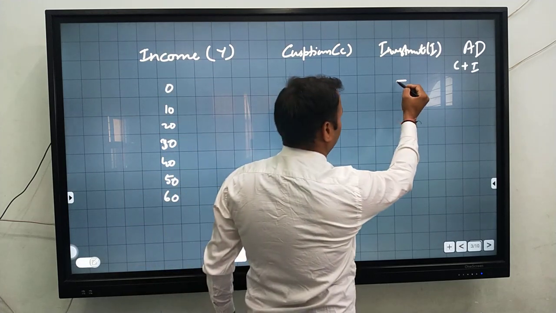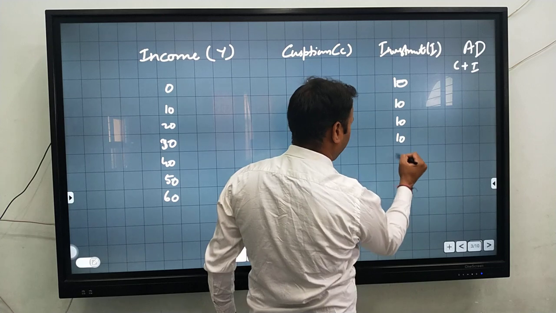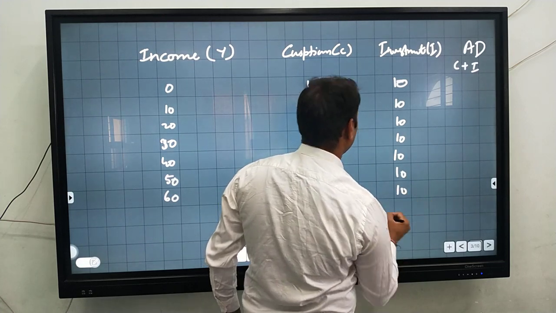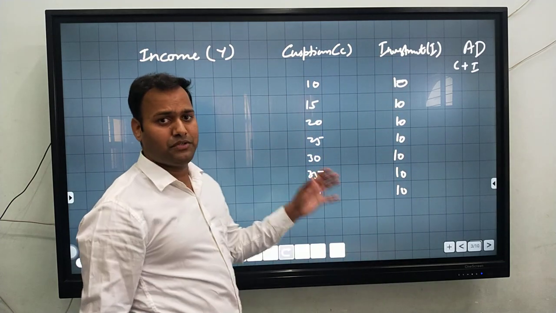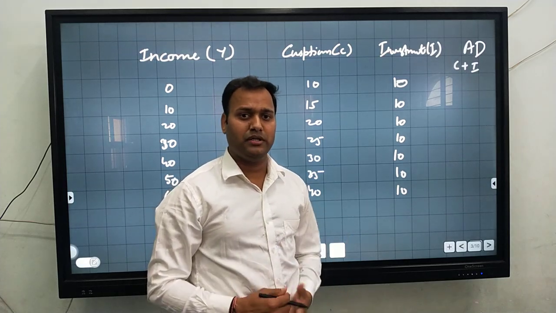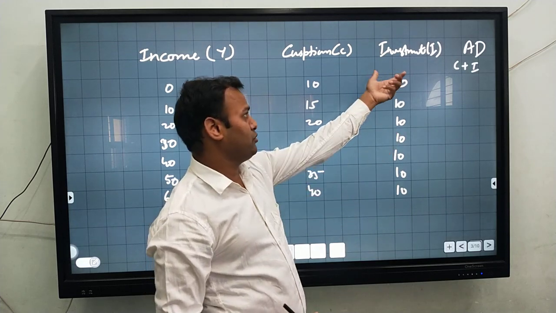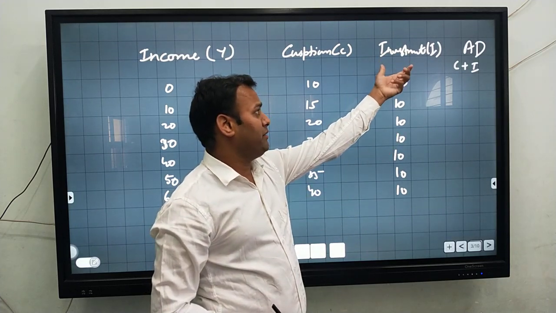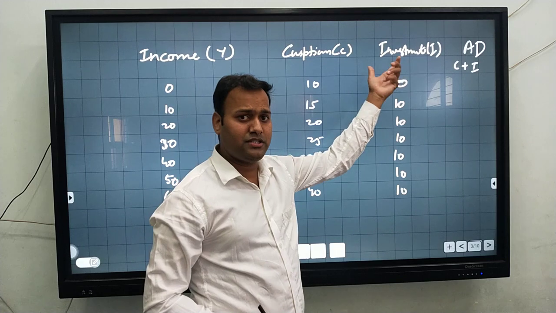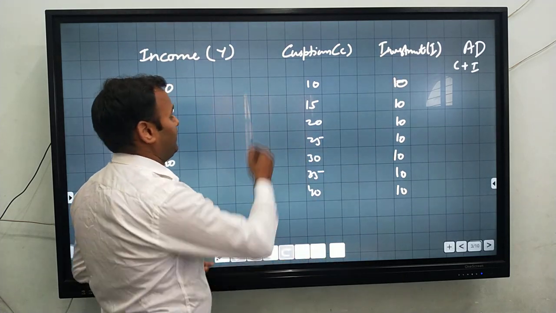And investment, just take it 10, 10, 10, 10. Why is it written 10, 10, 10? Because investment is fixed throughout the year. Whatever investment is done by the private organization will be fixed throughout the year. So suppose the investment made by the private organization is 10, so we will write 10 at every income level.